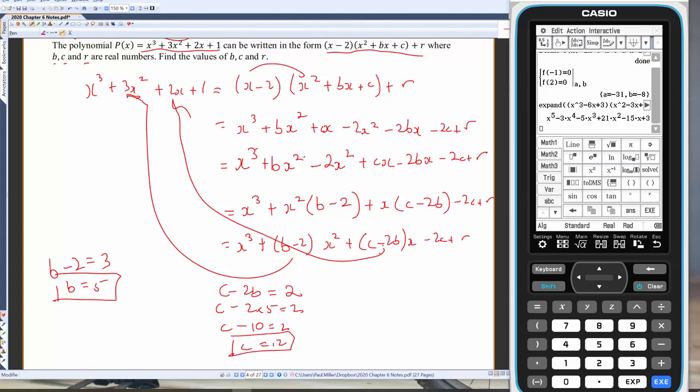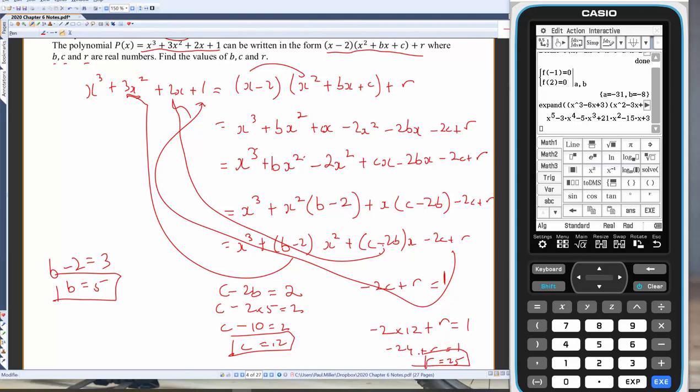And now we've got -2c plus r equates to the constant term. Even though it looks like two terms, it's just a constant, because these c and r and b values are just parameters. So -2 times 12 plus r equals 1, -24 plus r equals 1, r equals 25. All right, so there's our b, c, and r values.